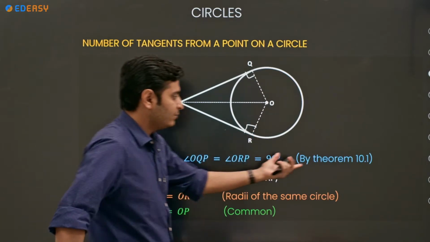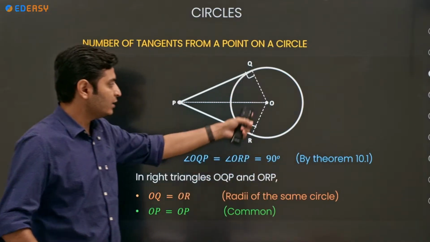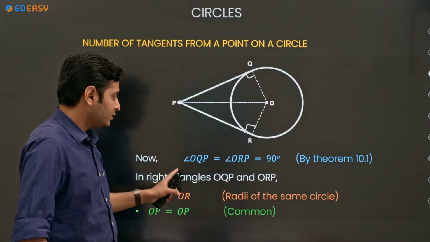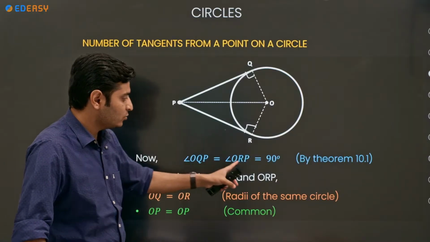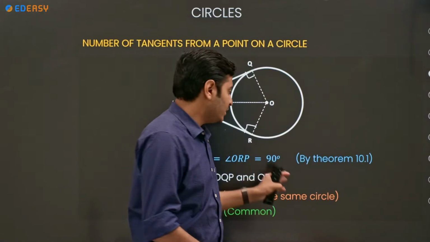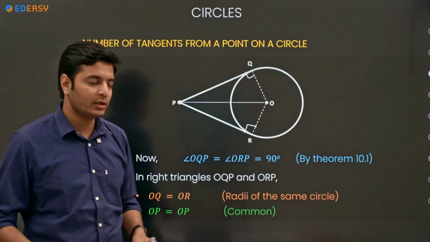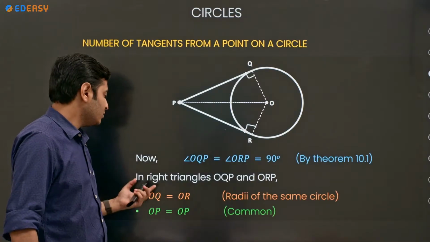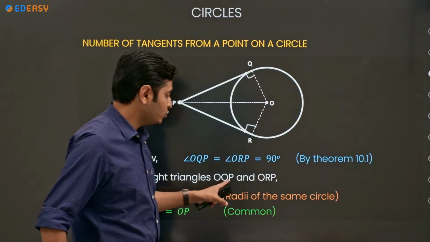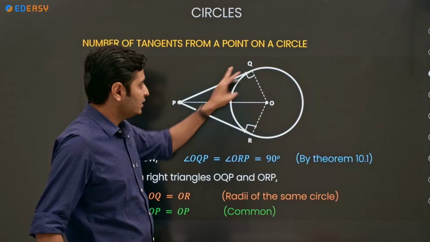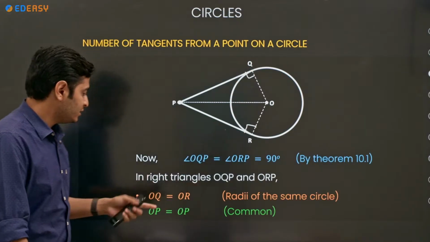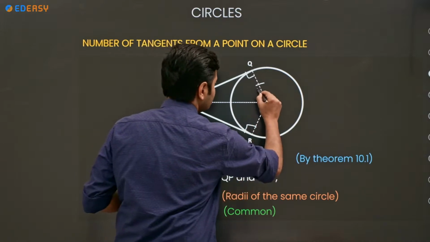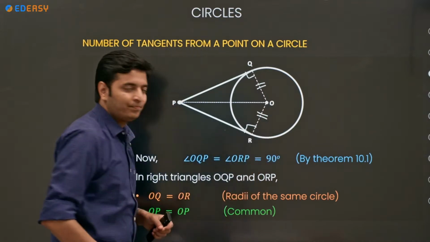By theorem 10.1, of course, these two angles are 90°. So first we need to write that angle OQP equals angle ORP equals 90° by theorem 10.1. If you want, you can write down the statement also. Now in right triangles OQP and ORP, we can see that OQ is equal to OR. Why is that?